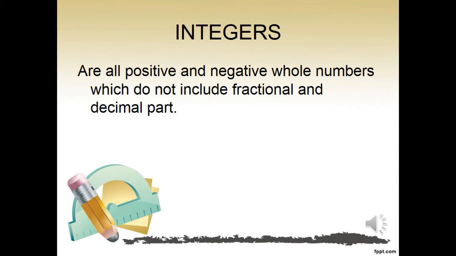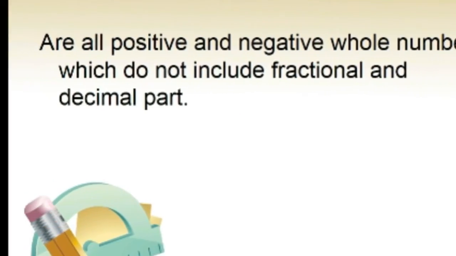Integers are all positive and negative whole numbers, which do not include fractional and decimal parts. Again, integers consist only of whole numbers. They do not include fractions and decimal numbers. And when we say whole numbers, they consist of zero and the counting numbers. These counting numbers are the positive and negative counting numbers.